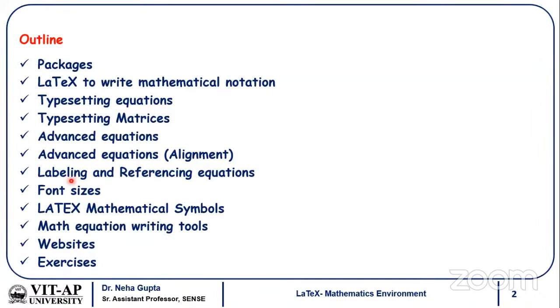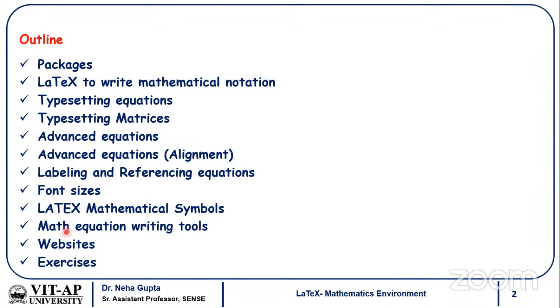Then we'll see a few basic things, like font sizes, how we can change them in the equation, and mathematical symbols, as we have too many of them. A few examples I'll show you so that it can help you if you have an equation and you don't know how to write those symbols in LaTeX. This point is going to cover all those things. It will help you get to know how to write the symbol exactly in LaTeX.